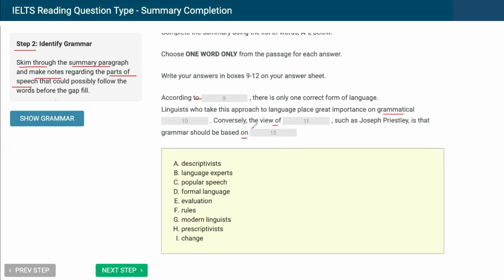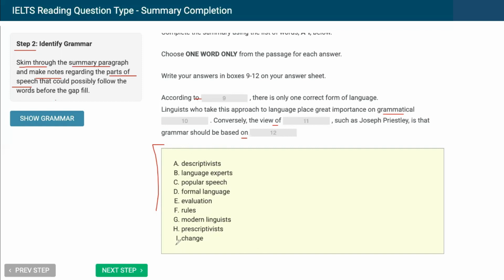So I would say these are all going to be nouns. Now we'll have to look at our table to see if by chance we have an adjective or a verb that we can eliminate. Again, this is a standard question in that they're all nouns. So there are some phrases. So we have, for example, popular speech, but at the end of it, these are all considered as nouns.